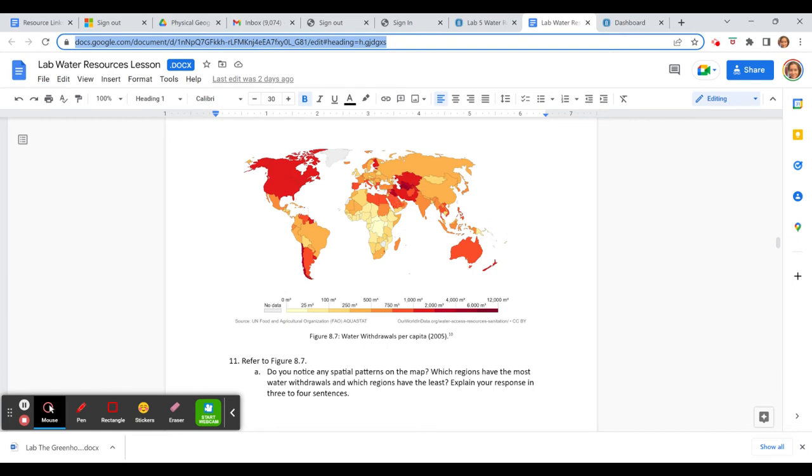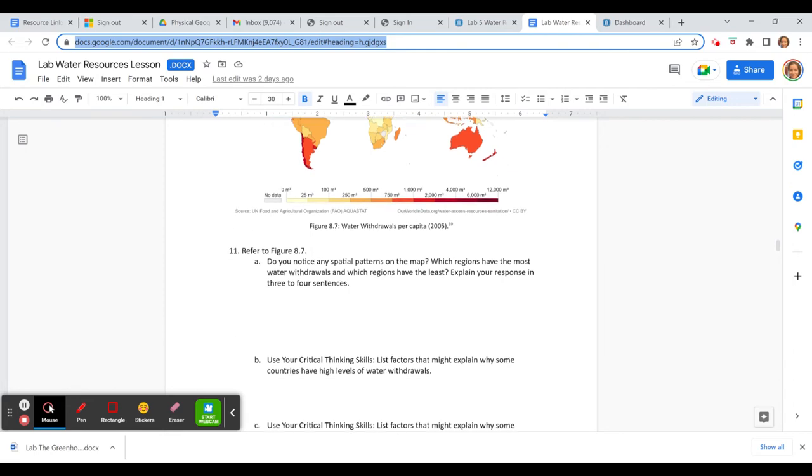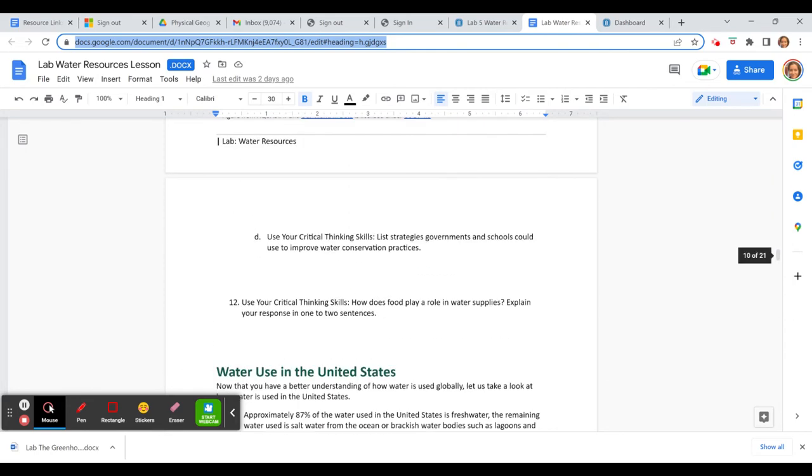We've got places over here, and obviously these are desert regions as well. What spatial patterns do you notice on this map? Which regions have the most water withdrawals and which have the least? Explain your response, and you're going to be doing that in your lab.